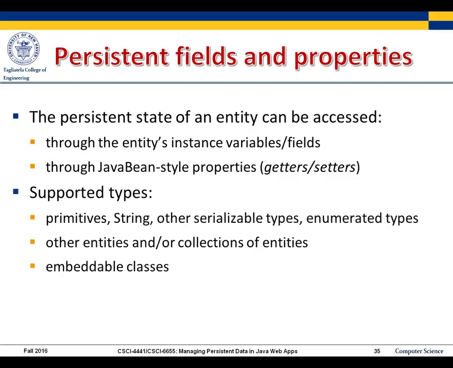The supported types that JPA supports: all the basic primitives, ints, longs, floats, string, any other type that can be serialized, and enumerations, which is kind of convenient too. Enumerations can make your code a bit cleaner, so they support those too. They can be other entities, or even collections of entities.